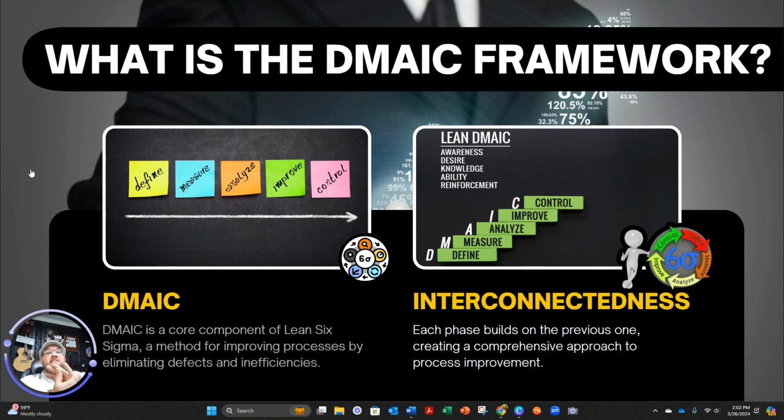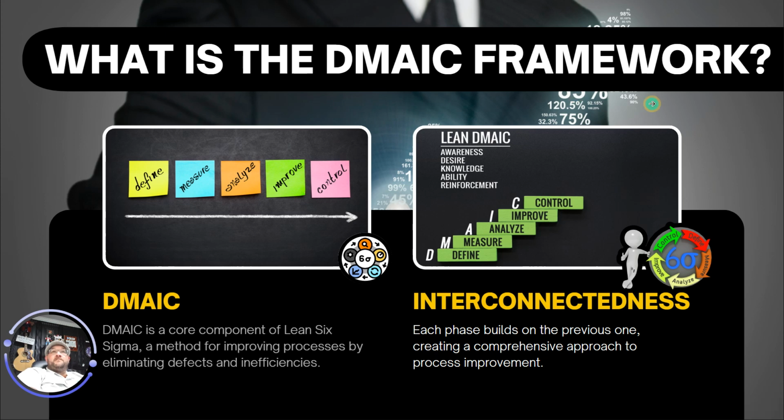Now, the DMAIC framework stands for define, measure, analyze, improve, and control. Right? Define, measure, analyze, improve, and control. Throughout this lesson, we're going to go into this with more detail.